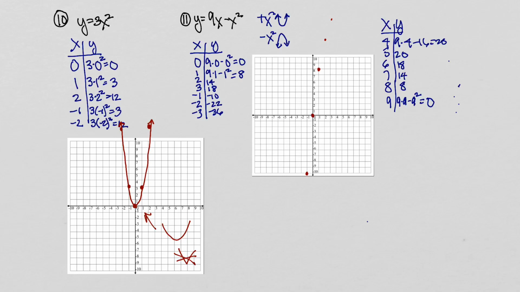So to the right 8, up 8. And then at 9, we're at 0 again. All right, so this is going to be a little difficult to draw, at least for me. It's going to go like this, right? And then it's off the graph up here. It looks like it's going to turn around, and then it'll come back through these points here. Well, that's a pretty shaky graph, but that's the idea.